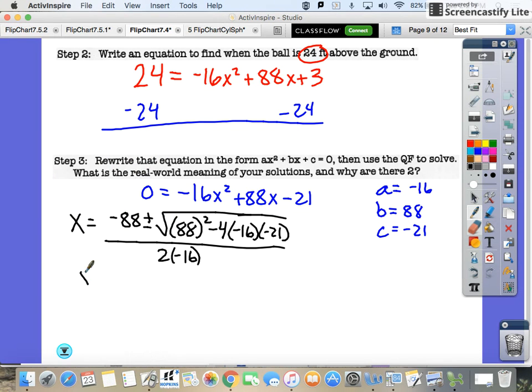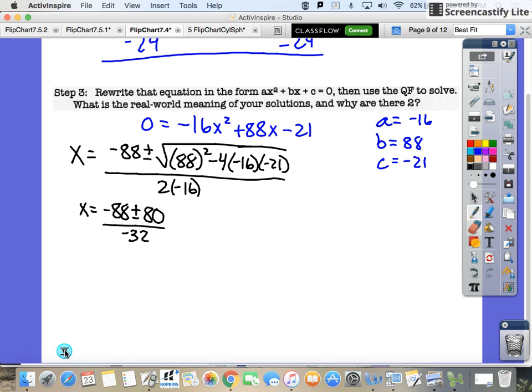So we have x equals -88 plus or minus 80 over -32. So we have 2 potential solutions here.